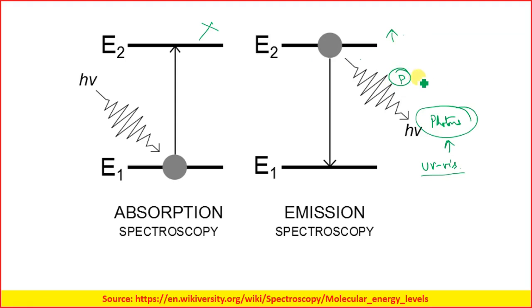Now if you look into the energy content or the frequency component of these photons, then you get the emission spectra. It is similar to the absorption spectra, but there is a difference. Let's talk about absorption spectroscopy first.